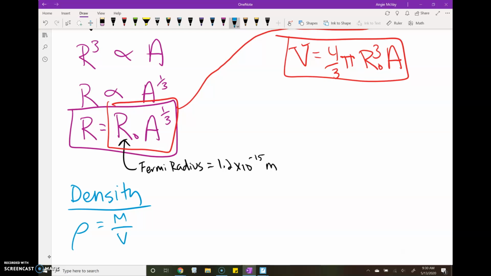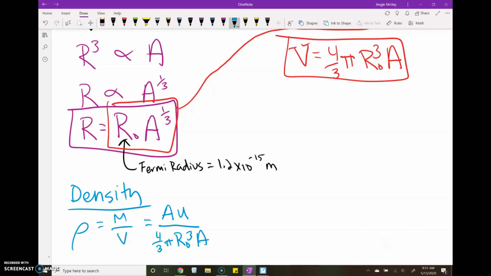So the mass of any atom, like we said, is equal to its mass number times the atomic mass unit, divided by our volume from up here, 4/3 pi times the Fermi radius cubed times the mass number.